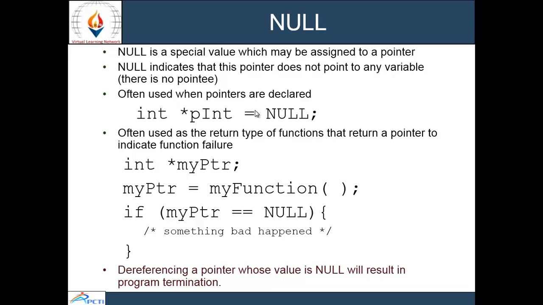It is used in the return type of functions that return a pointer, to indicate the function's status. Here I am using an int pointer, and in my pointer I am assigning the value by returning this function. It will return the value to my pointer.